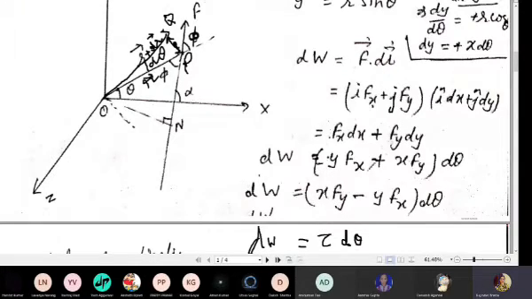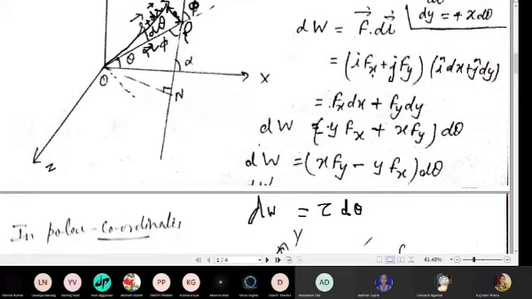So this term x fy minus y fx is to be replaced by the analog term of the force in the rotational motion, which is torque. So I can write dW equals torque into d theta. So in Cartesian coordinates, if I write the value in terms of x and y, the value of torque can be written as x fy minus y fx.